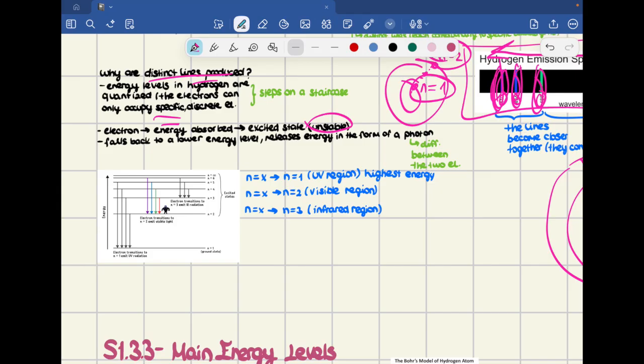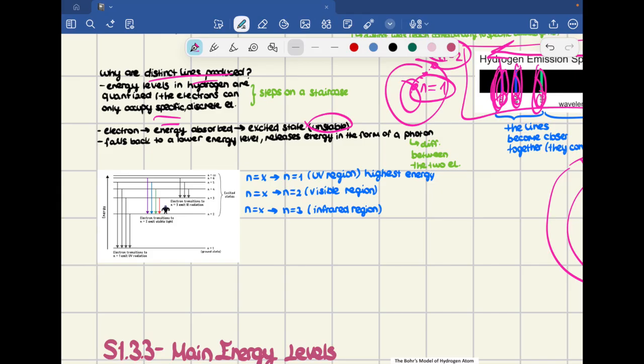And we can link electron transitions to the spectral lines. Here we have different kinds of transitions.